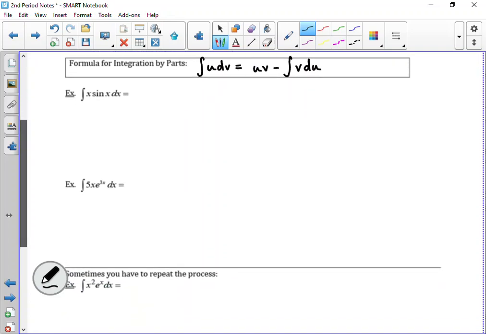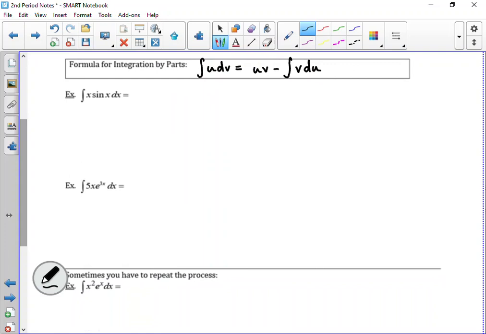We're going to use this formula for this x sine x, all right? So if we have the integral of x sine x, then I am going to make x my u, and I'm going to make sine x dx my dv part, okay? That's basically the same as this integral u dv, right? So u equals x, dv equals sine x.